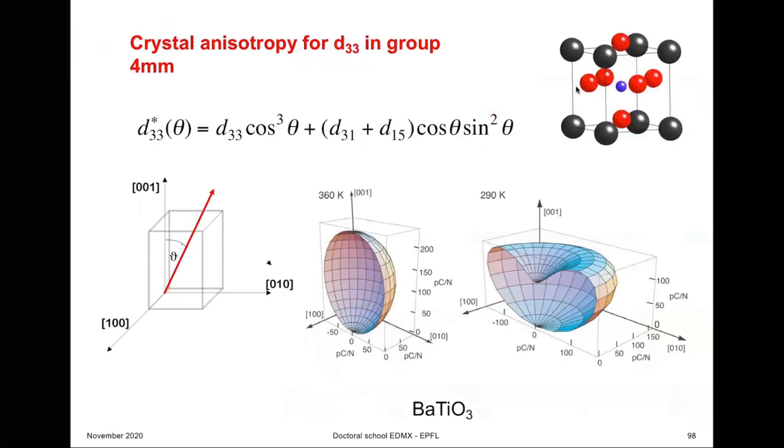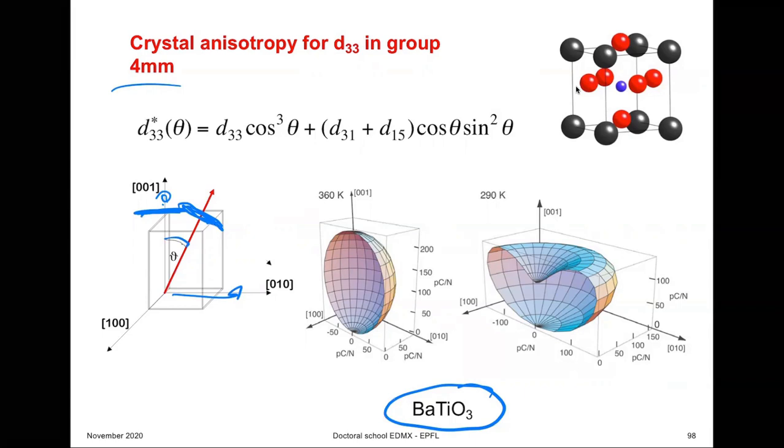Now, let's take one particular crystal, barium titanate. It's a 4mm crystal, and let's see how it changes in space at different angles away from polarization. So this would be theta equal to 0, and this would be some angle, I don't know, 30 degrees or so. We will go from 0 to 90 degrees in theta. All other angles are equal to 0.